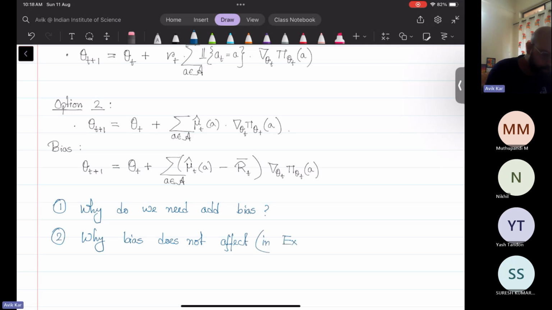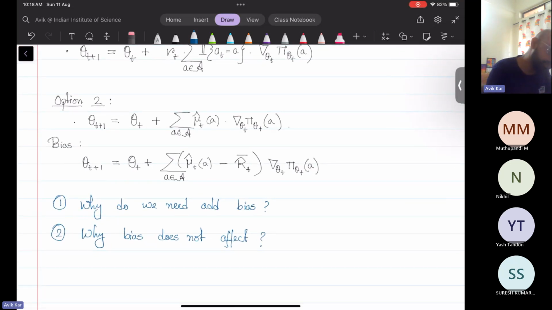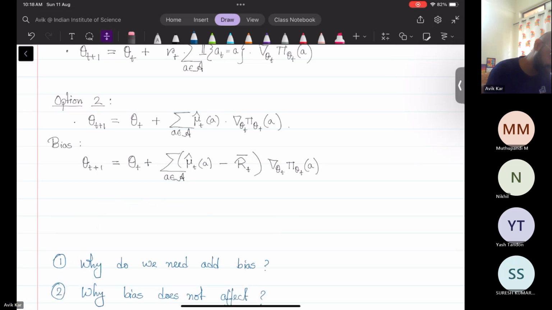I should write in expectation. We'll discuss all these things. Okay, so my first question is why do you need to add a baseline? Can any one of you answer this? Okay, you think; meanwhile let me write what R bar t is. That is basically the sum of all rewards from time 1 to time t minus 1.